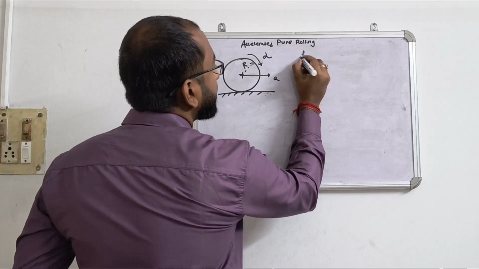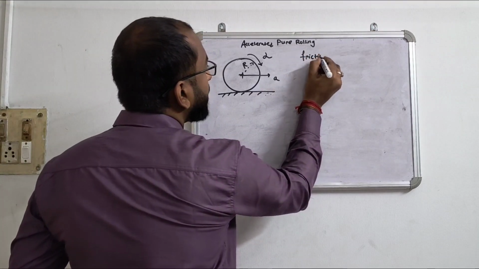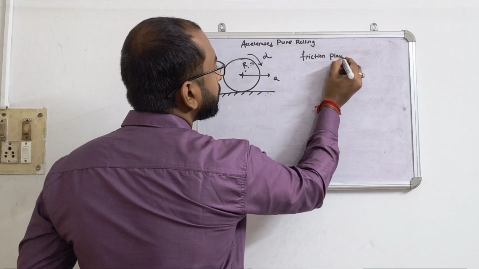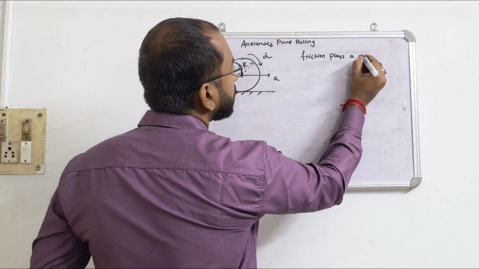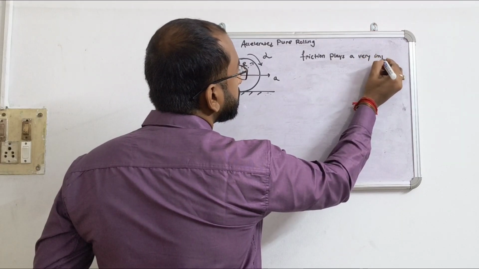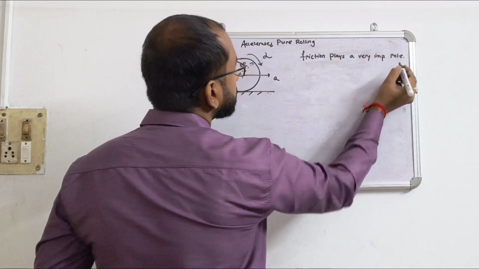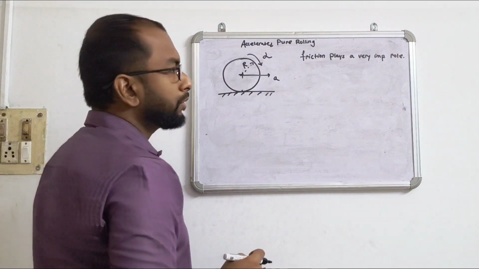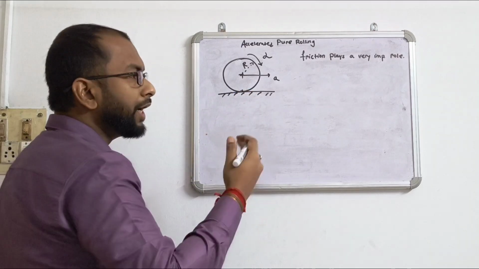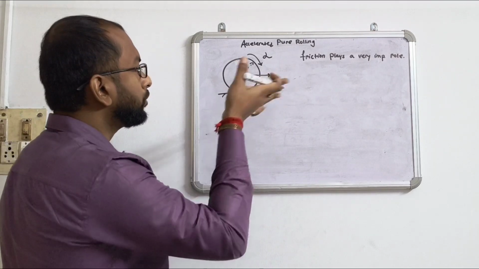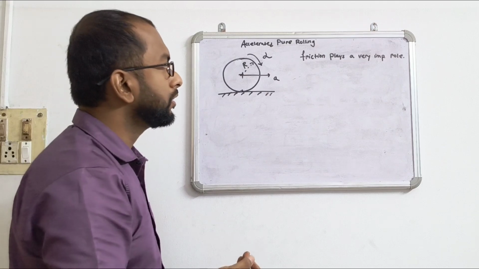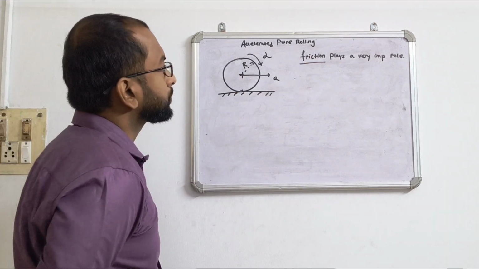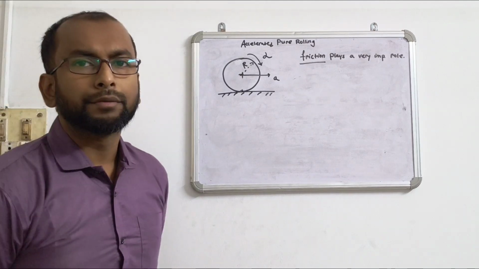Now, in accelerated pure rolling, friction plays a very important role. The point of contact of the body will of course try to slide over the ground, but it will not be able to slide because friction will be acting there. The friction force is a very important force which will be helping the pure rolling to happen.